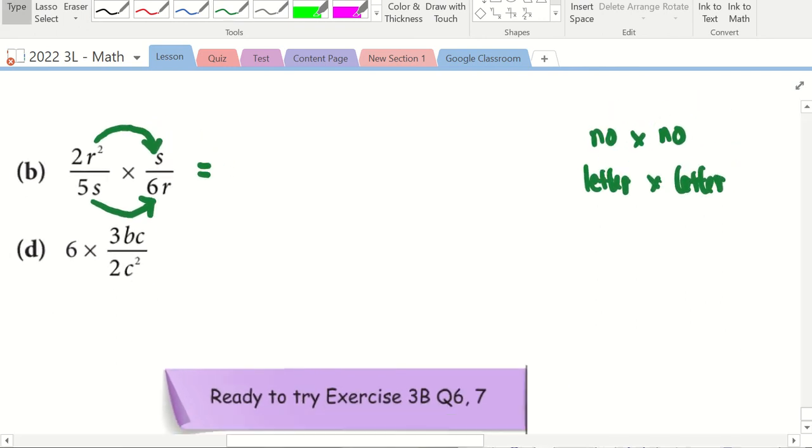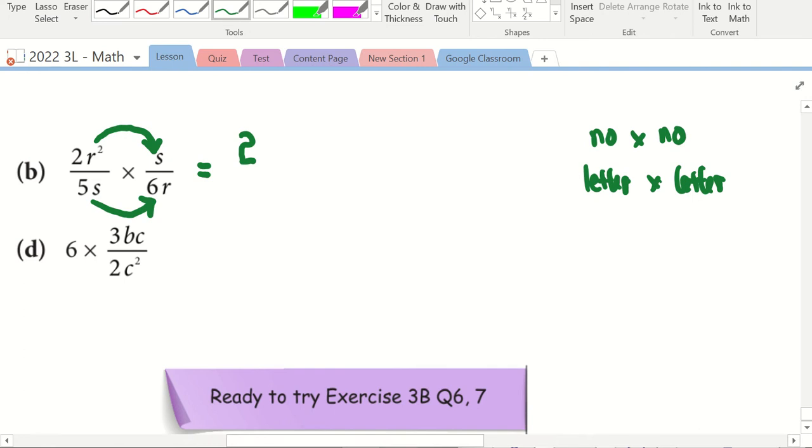Charsley, what's on top? What are the numbers? 2 and 1, right? 2 times 1 will give us 2. What are the letters I put on top? R square and S. Am I right? Okay, you can see a R square, you can see a S. But what's the meaning of R square?